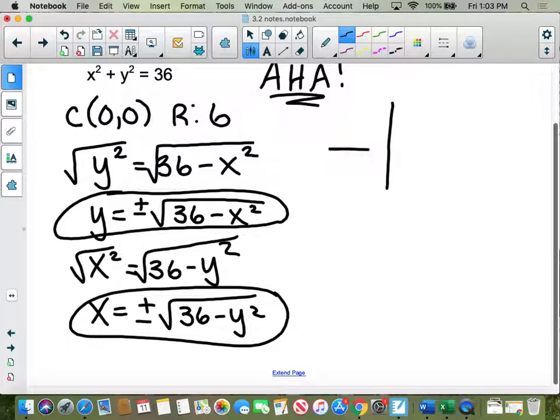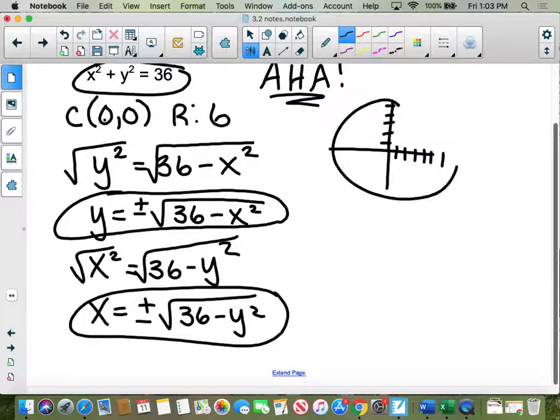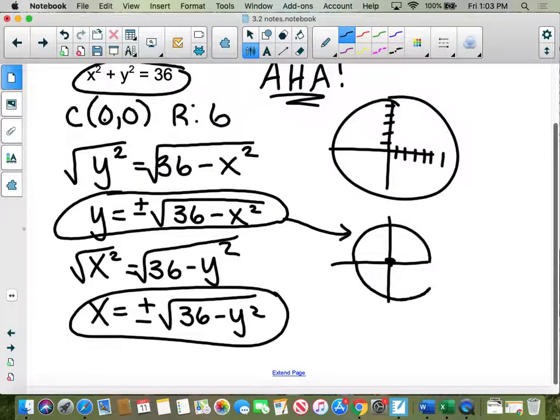Look at this. What happens if you graph this one? The center's at 0, 0, the radius of 6. 1, 2, 3, 4, 5, 6. You get the idea. It makes something like that, right? This one, your center's at 0, 0. You're making the top of a semicircle with the radius of 6 and the bottom of it. Wow, they look the same, don't they?